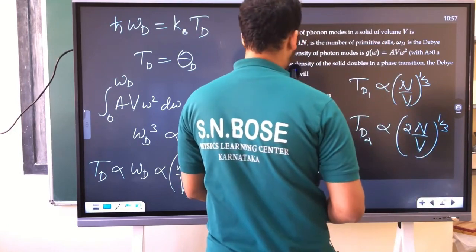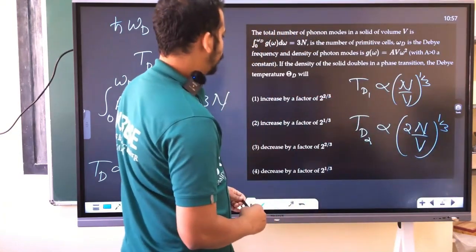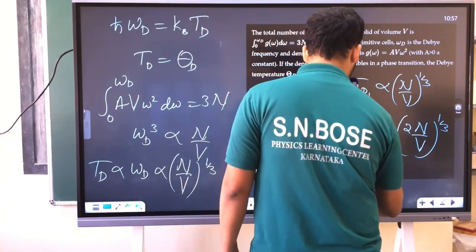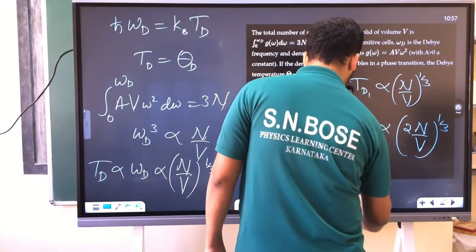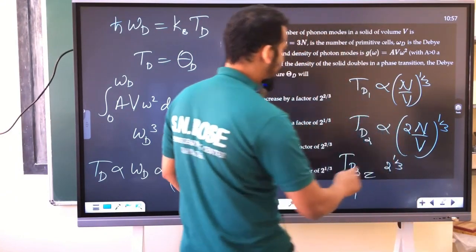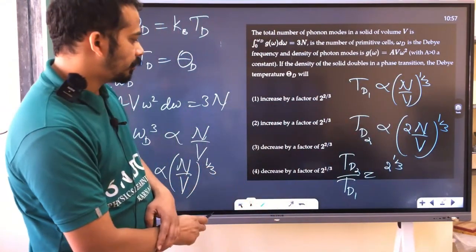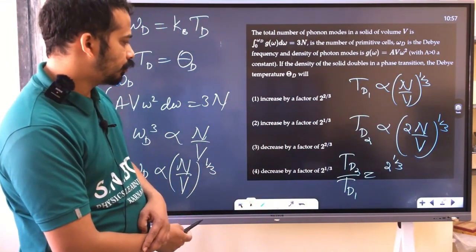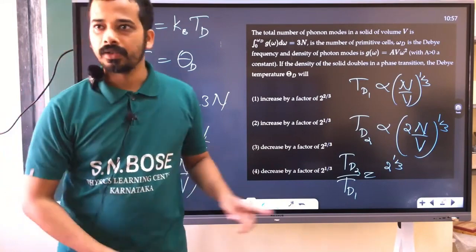This T D2 is proportional to the doubled density, 2N by V whole power 1 by 3. The proportionality constant is the same. Then what is asked? The Debye temperature ratio T D2 divided by T D1 equals 2 power 1 by 3, am I right? That will be increased by a factor of 2 power 1 by 3. Cross check this answer.